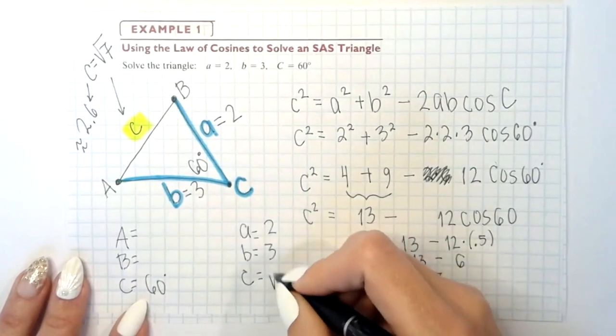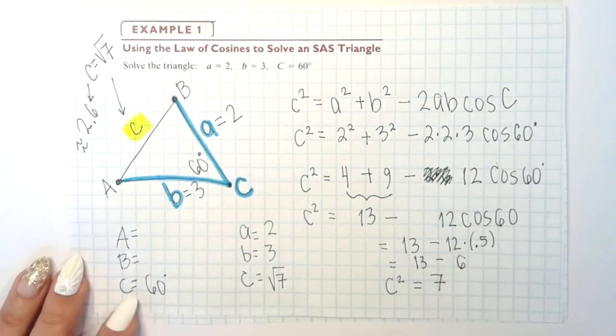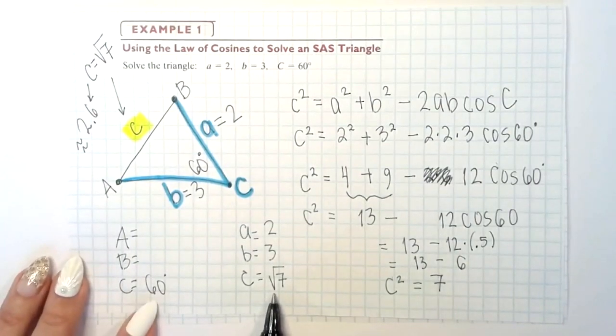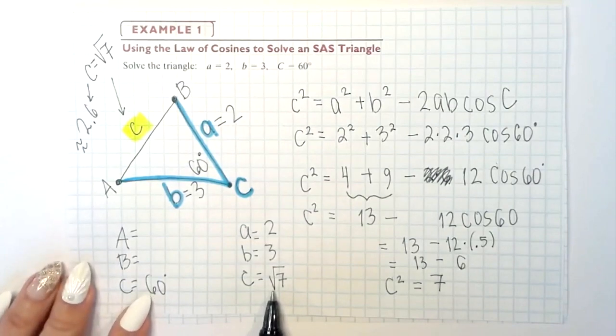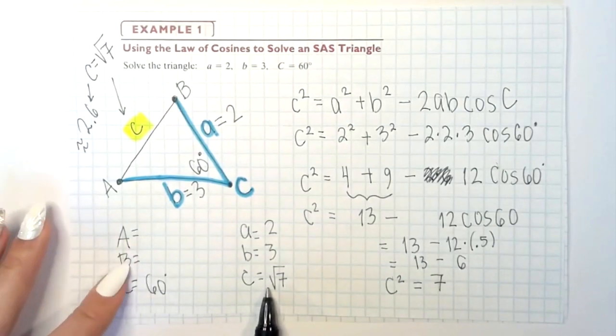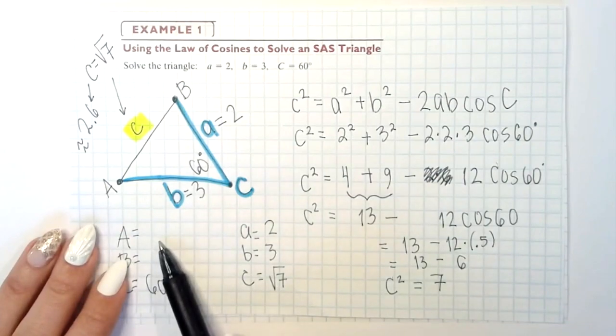But now that I've found side C, any third thing I found would really give me a pair. We found it, radical 7 or 2.6, whatever you wrote. I have a pair of C's. I can use those for my law of sines, and I'm going to go ahead and find angle A. You can really find A or B, it doesn't matter, whichever one you'd rather do.